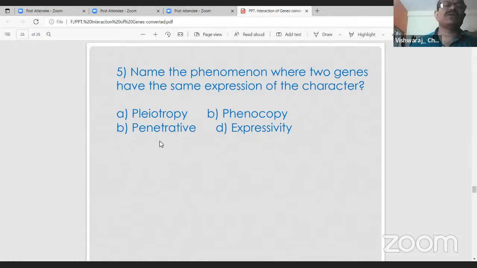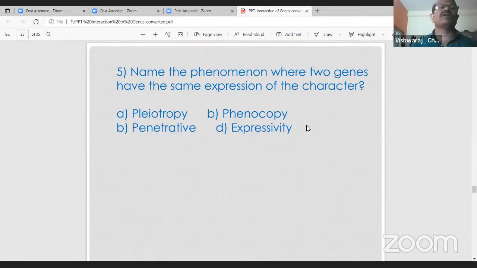A, pleiotropy; B, phenocopy; C, penetrance; and D, expressivity.